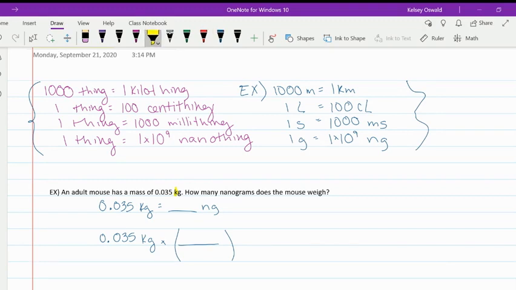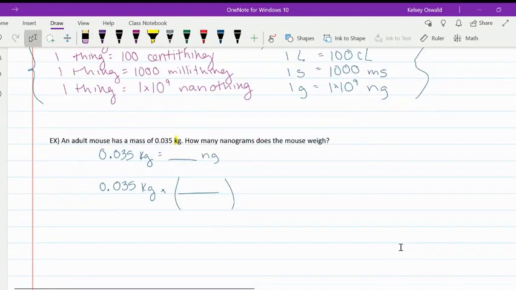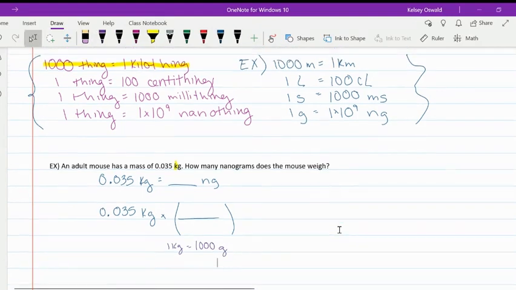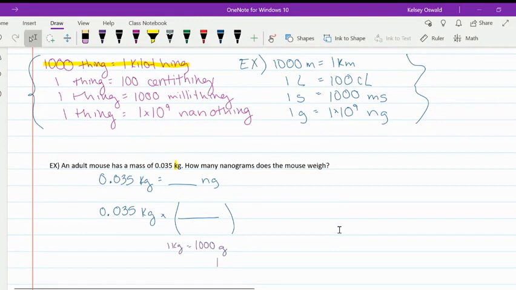So looking at these, we see 1 kilogram is the same thing as 1,000 grams. Notice that I don't have any conversions between kilo and nano, so I need to start off by converting to grams first.